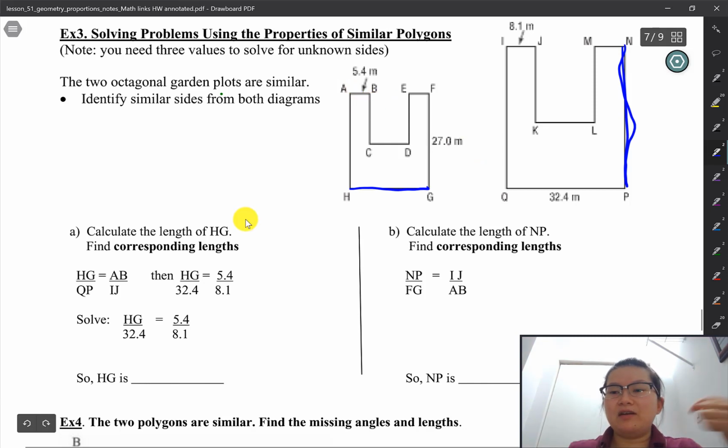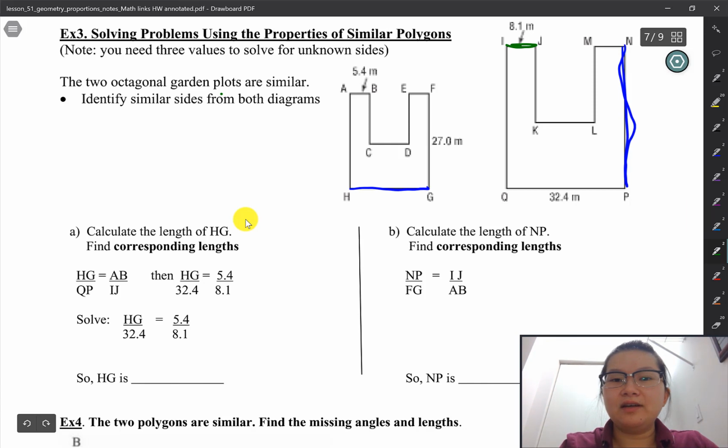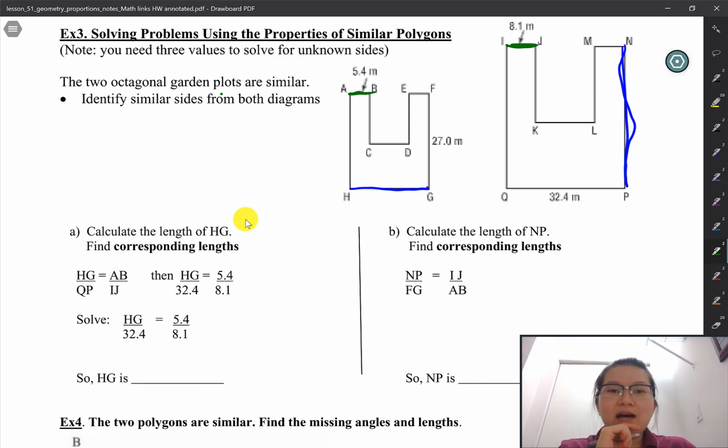So that's AB here, and this other one, which is IJ. Okay, so we have these two side lengths. If we can use those side lengths to find out the scale factor, we can use that to figure out HG as well as NP. Okay, so that's the first step. So maybe let's do that together, and then we will move forward.